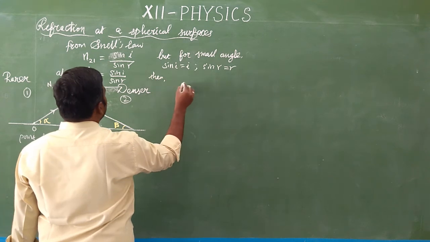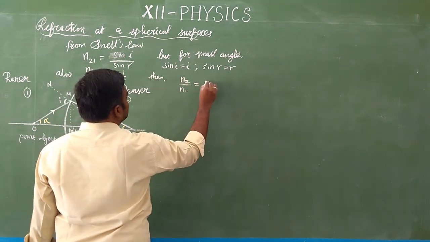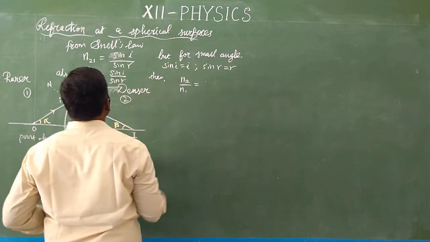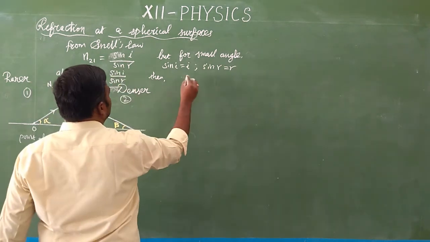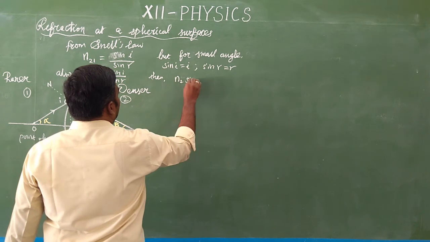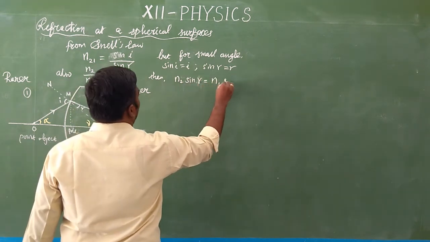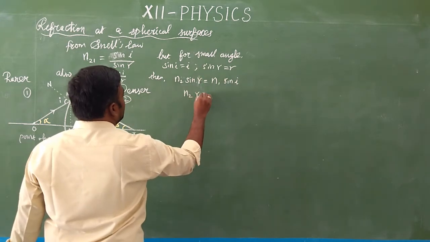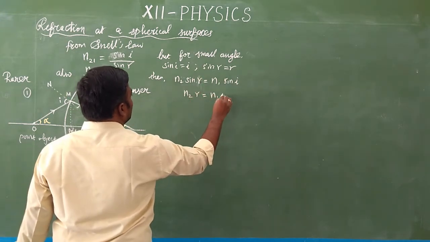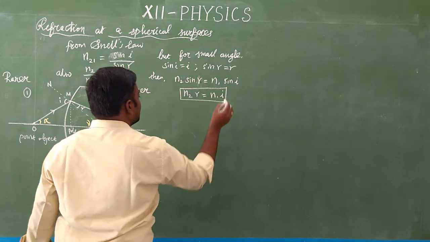Then this equation becomes n2 by n1 is equal to... First we can use cross multiplication, after that we will substitute the value. By cross multiplication, n2 sin r is equal to n1 sin i, then substituting the value, n2 r is equal to n1 i. So we will keep the relations separately.